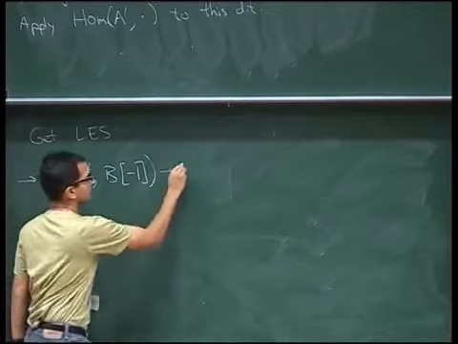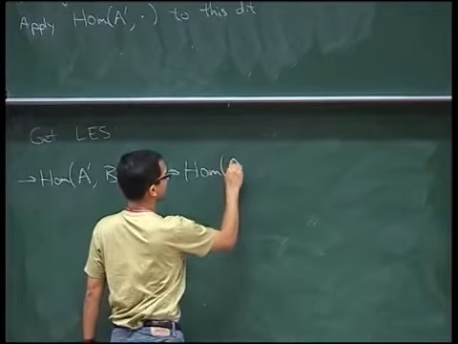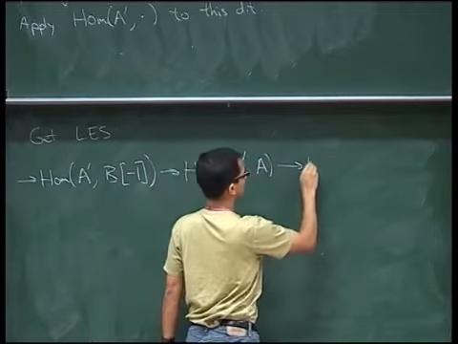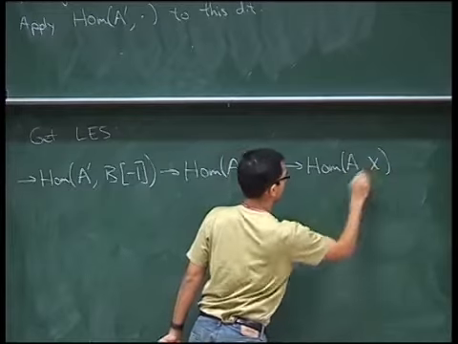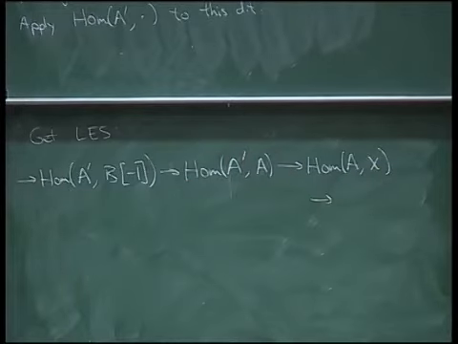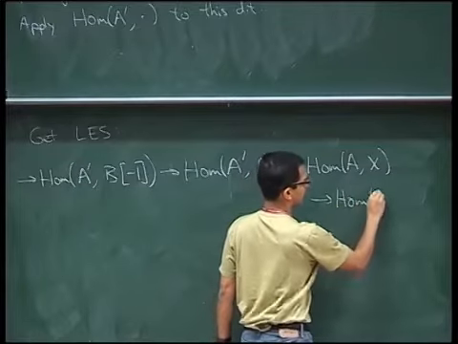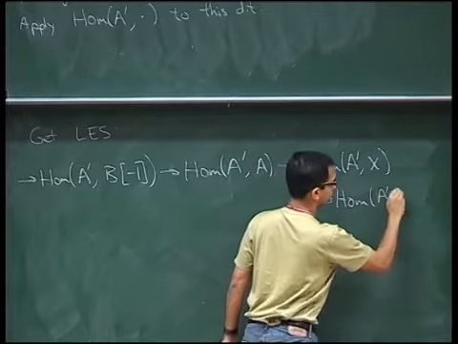Maybe I'll write down the later terms also. Next is Hom(A prime, A), and next is Hom(A prime, X). And then the next term in the distinguished triangle, which is Hom(A prime, B).